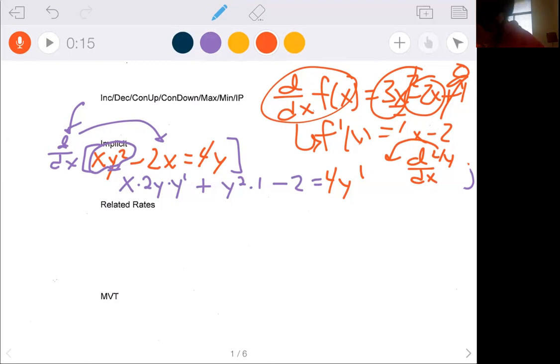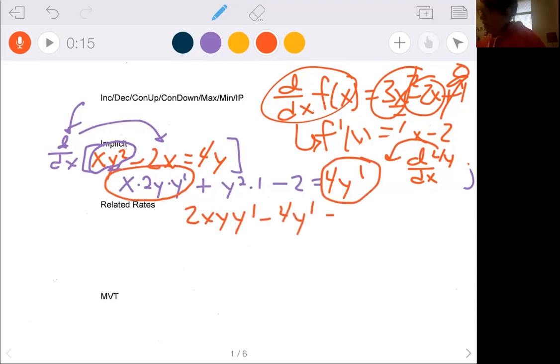So I'm going to keep the 2xy y prime, this guy, on this side. I'm going to move this guy over by subtracting it. And then I move those non-y prime terms over to the other side. So I'll add the 2 and subtract the y squared. Then I factor that y prime out with the net goal of trying to isolate it. And I get 2xy minus 4 equaling 2 minus y squared.